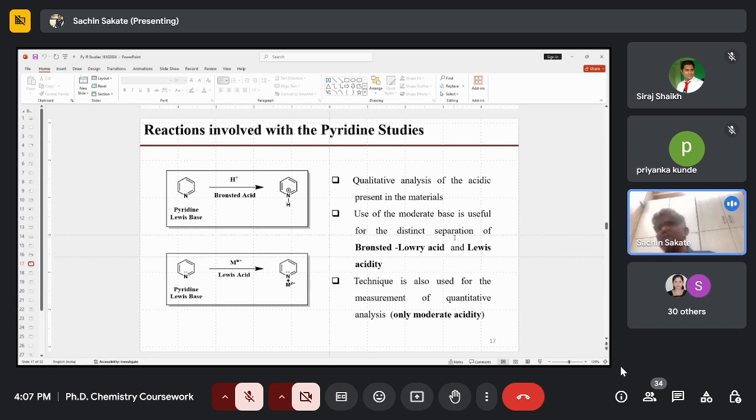It gives a very distinct separation, very distinct bands in the IR spectra, very distinct frequencies are observed, about the Bronsted acidity and Lewis acidity. And you can have the quantitative analysis that I will discuss in the later case, actually.